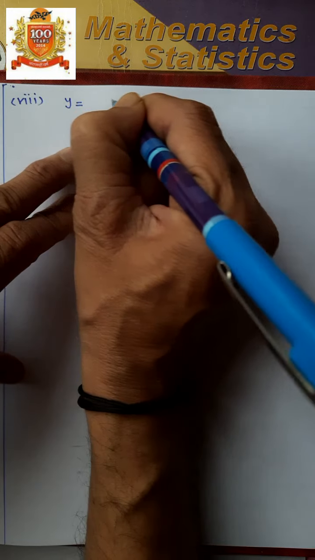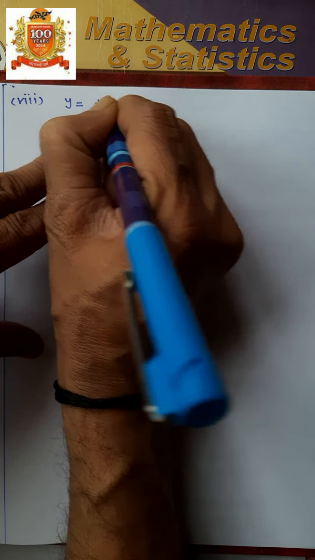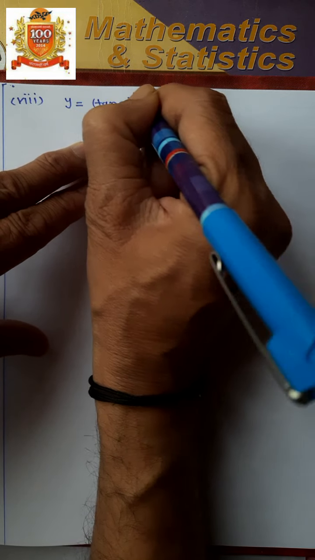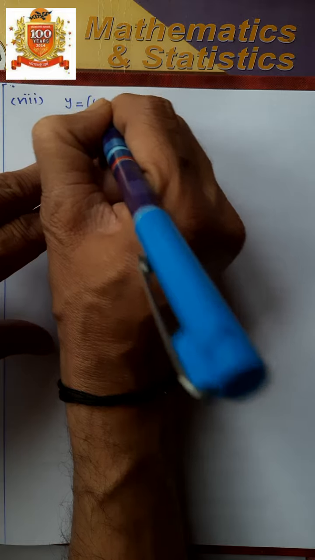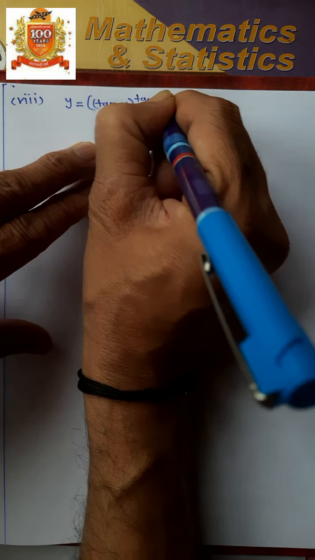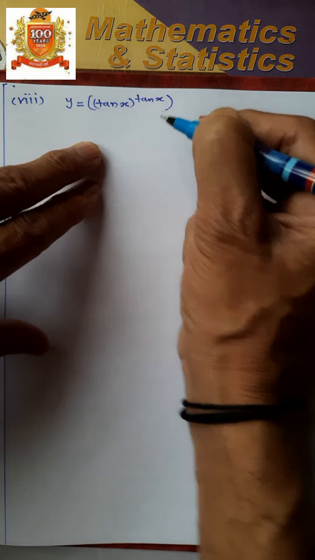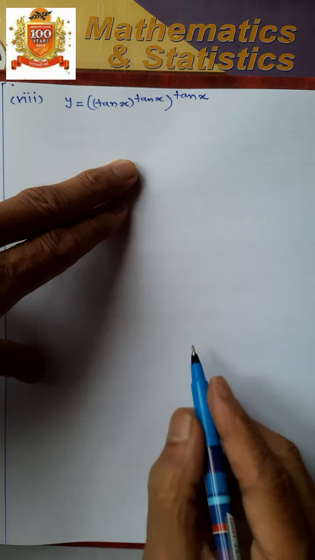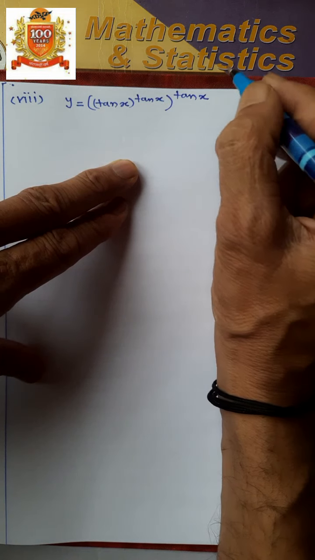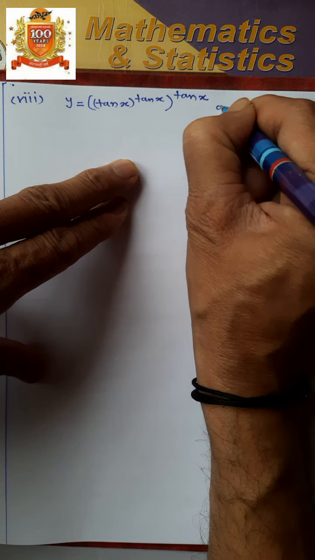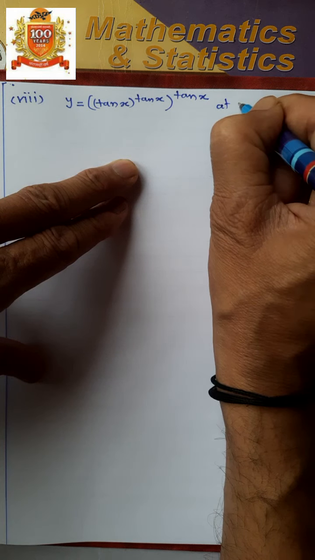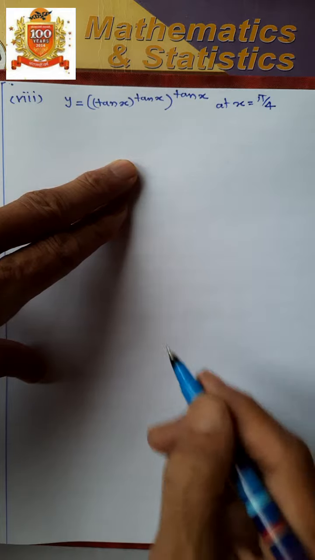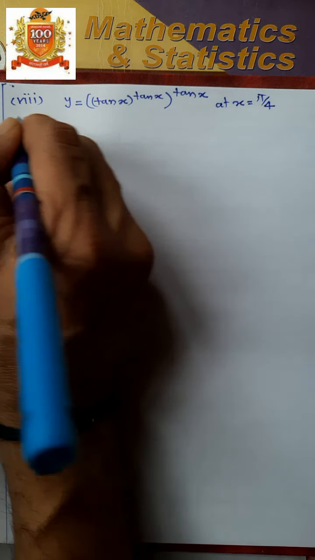Y is equal to tan of x raised to power tan x whole raised to power tan x, and we want to find the value of dy by dx at x is equal to pi by 4. Let us solve this solution.